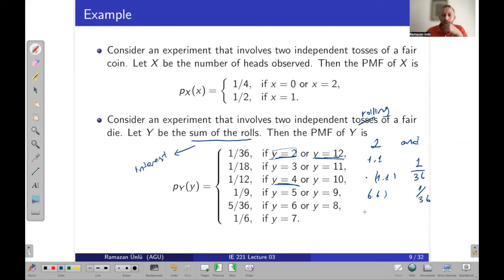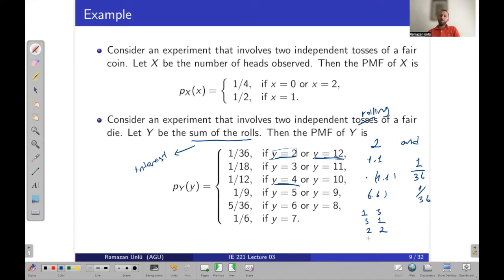In this case, I'm saying that my interest is that the sum of the rolls will be equal to 4, right? So what are the possible subsets coming from the omega? It is 1, 3, 3, 1, I think, right? And 2, 2.